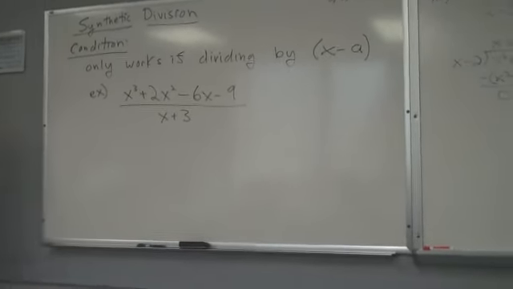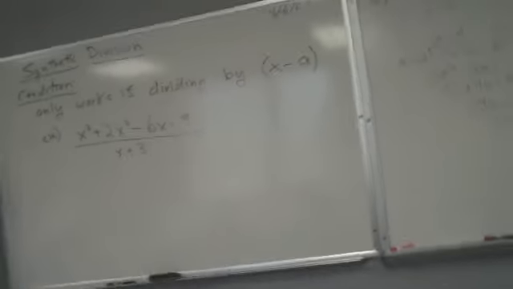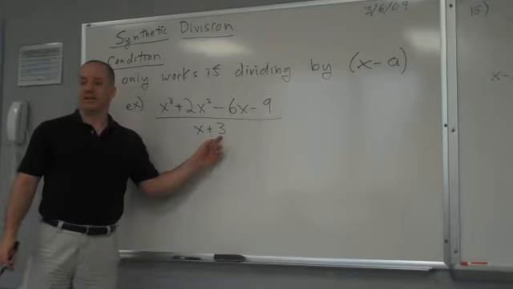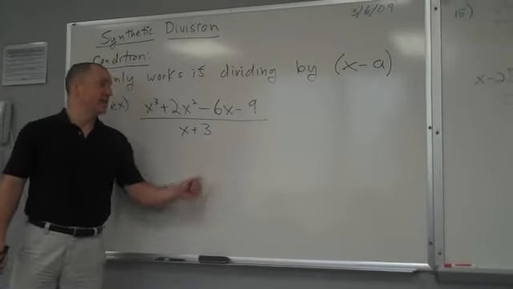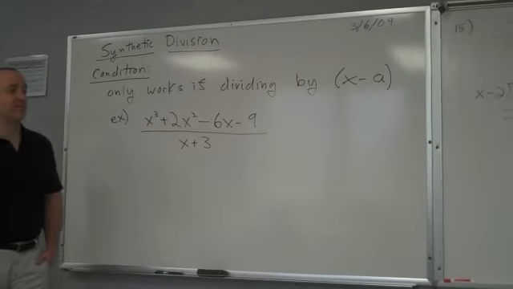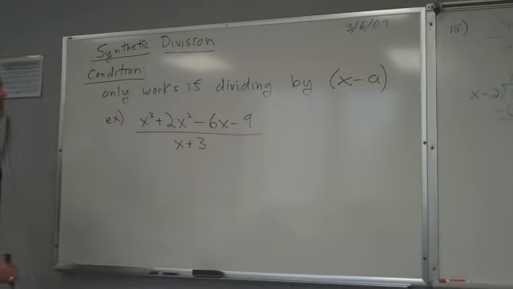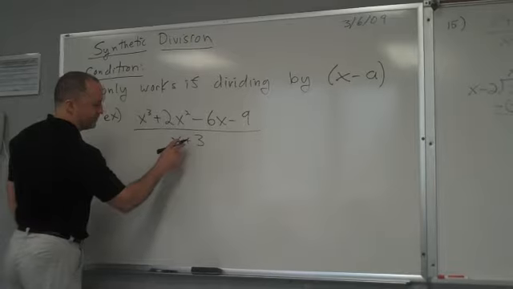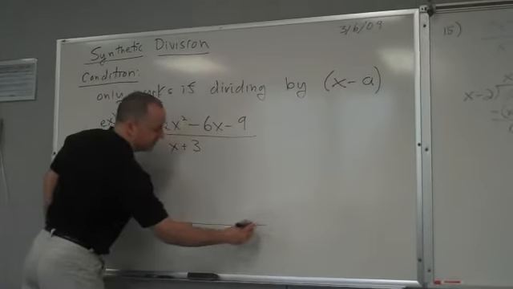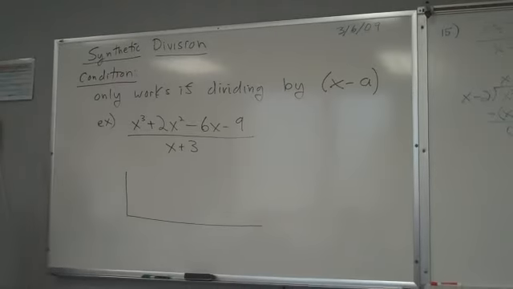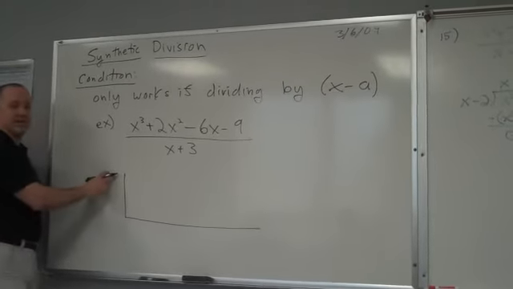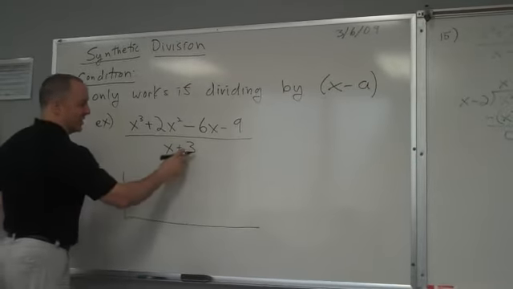When you are dividing by x plus or minus a number, and only x plus or minus a number, you can choose to use synthetic division instead of polynomial long division like we did yesterday. But here's the trick to it. You make the L shape just like you do for synthetic substitution. The number that goes here, however, is not 3.